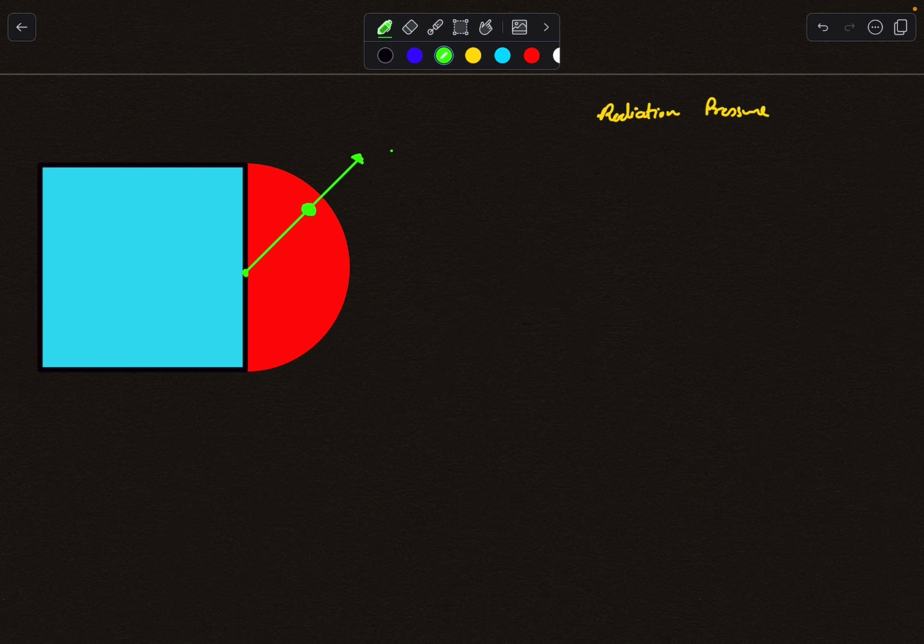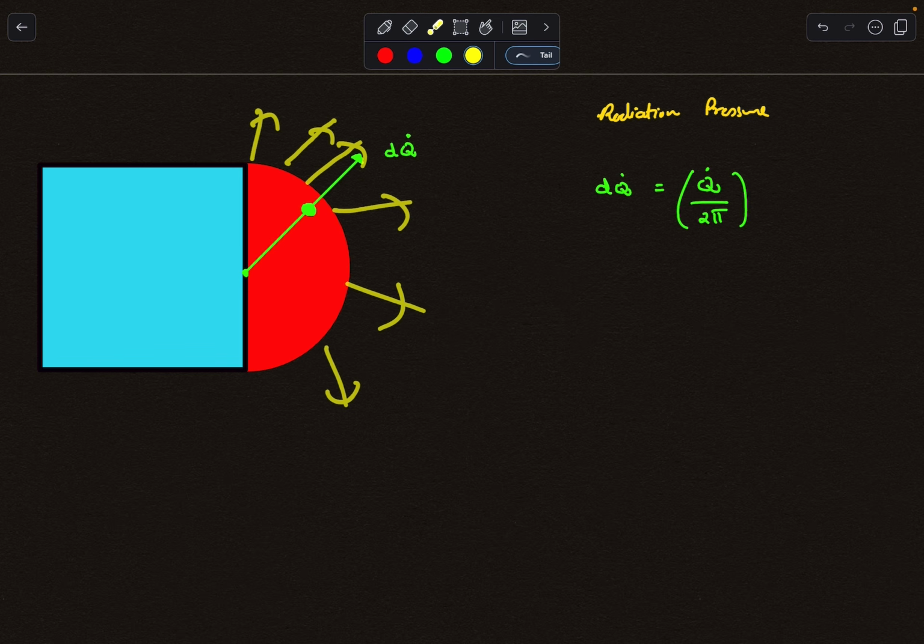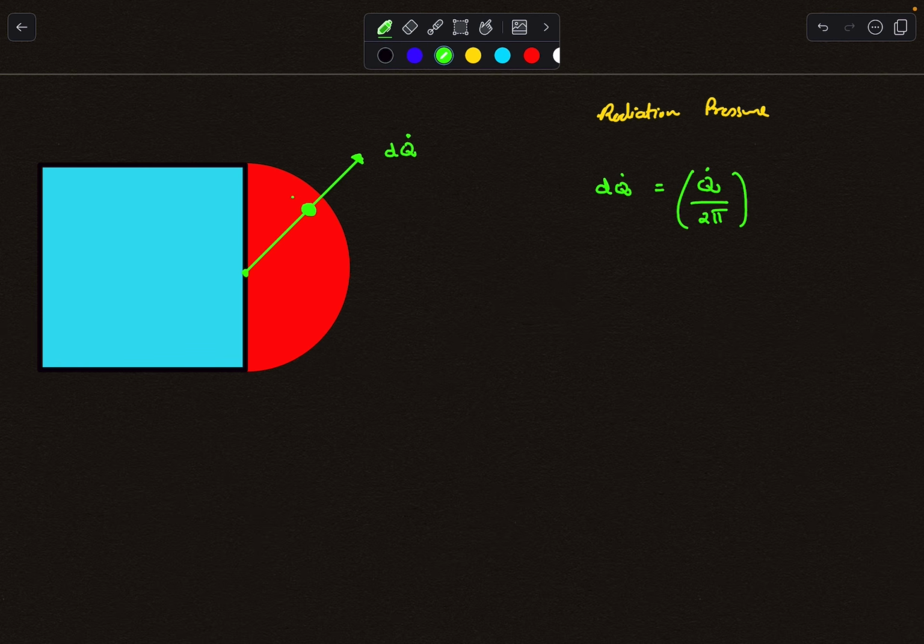And let's say the radiative heat transfer from this small element dA is dQ dot. dQ dot I can easily write using the idea of solid angle. So Q dot heat is transferred through a solid angle of 2 pi steradians, right? As heat is being emitted throughout the hemisphere in all directions symmetrically. So what is the solid angle of this small patch dA on the surface?